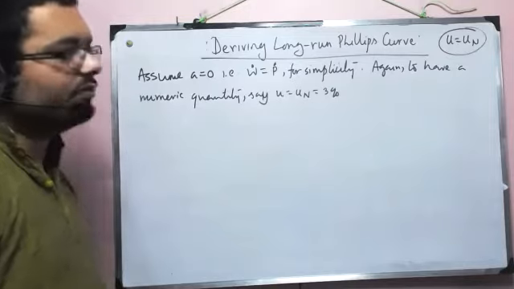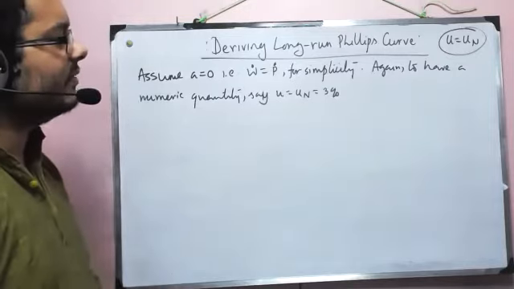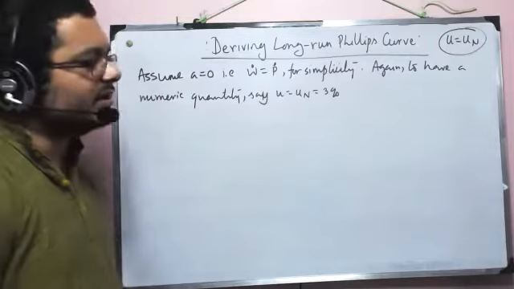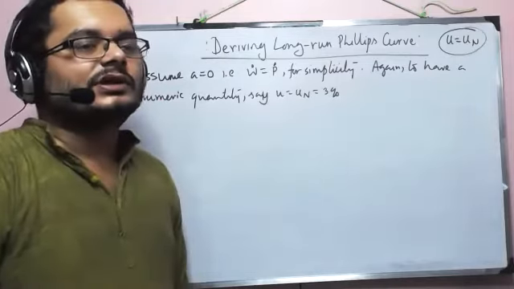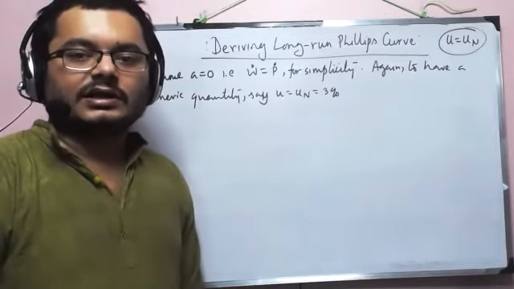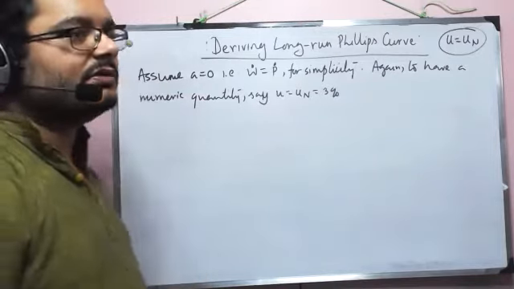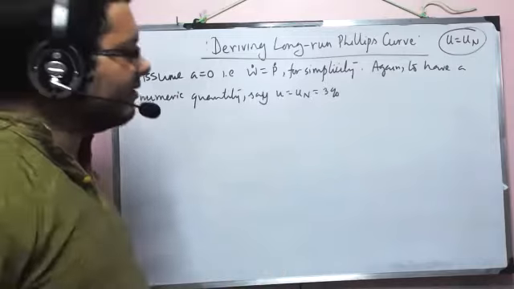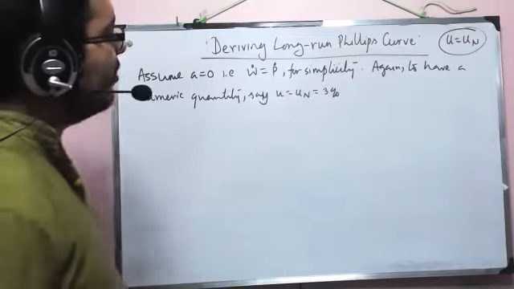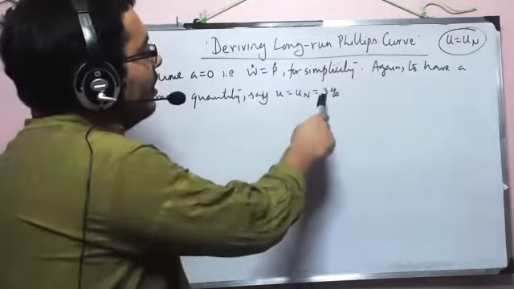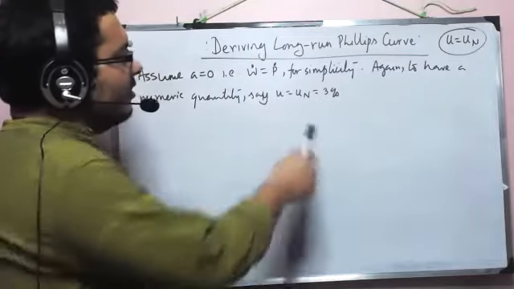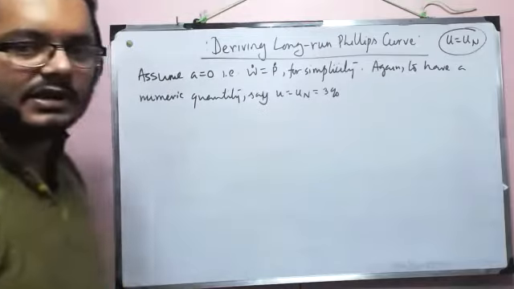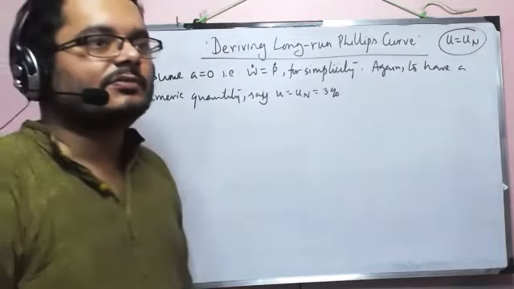And what we are going to show is a very strong result. The result is that if the government purposively tries to reduce this unemployment rate, then the result will have two things together. Number one, the government in the long run will actually fail to reduce it, because as you know, in the long run it will again reach 3%. That is the first point. The second point is even more dangerous.